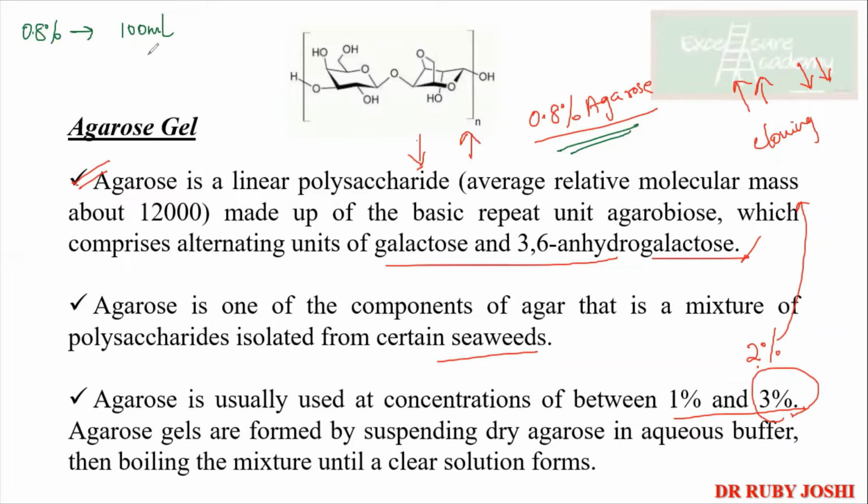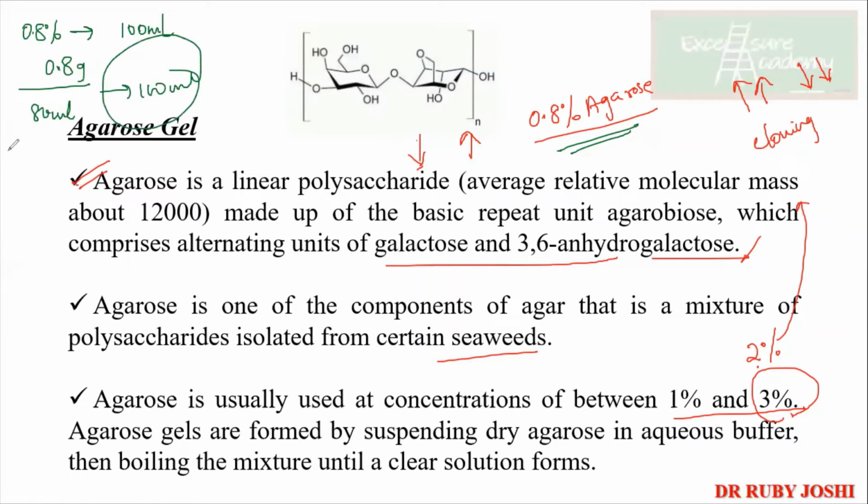If I'm telling you to prepare 100 ml of 0.8 agarose, yes, Shruti, how are you going to prepare? We'll take 0.8 grams and 100 ml. Yes, correct. So simple. You're going to take 0.8 gram and first you put into 80 ml. Okay, try to dissolve it and then make it up to 100 ml.